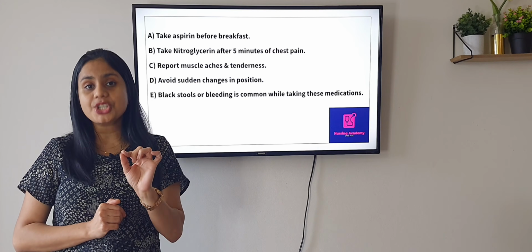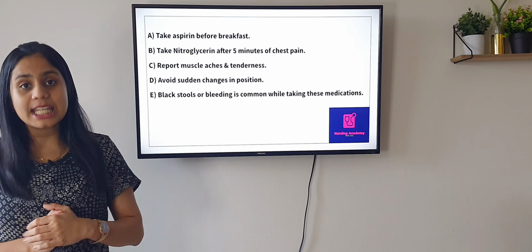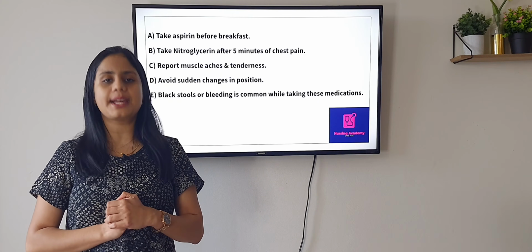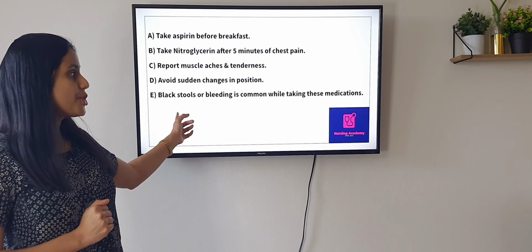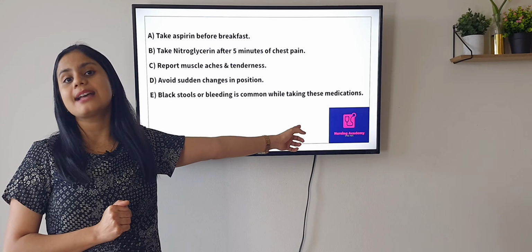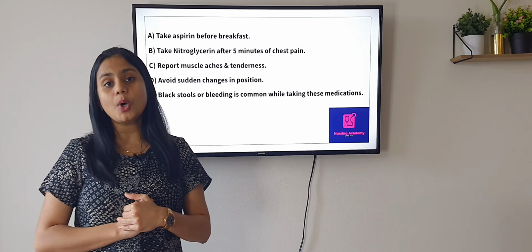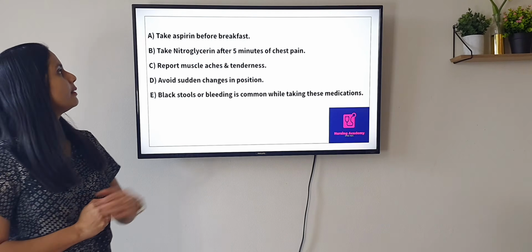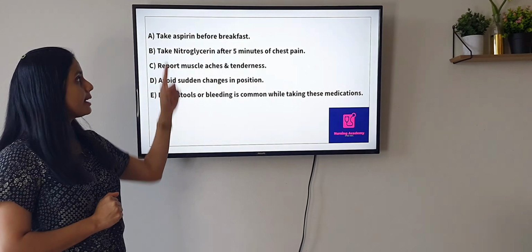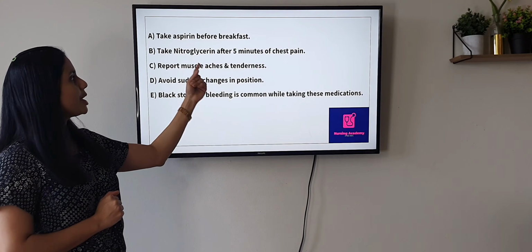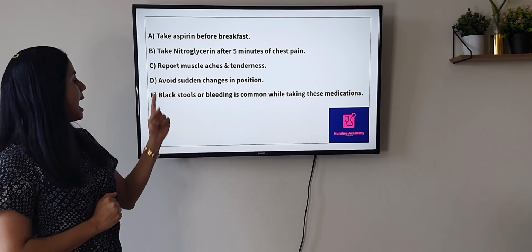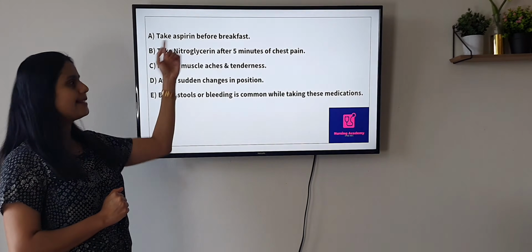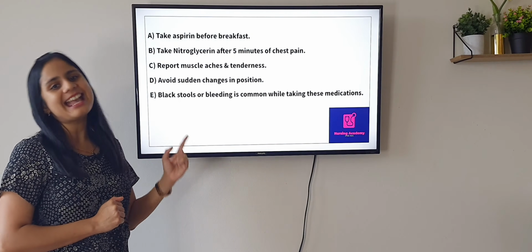So, the patient has to report even minute bleeding or bruising in their body. So, this option is wrong and it's our answer. So, what are the correct answers for this question? Option number A is wrong, option number B is wrong, and option number E is also wrong. So, here the answers are A, B and E.